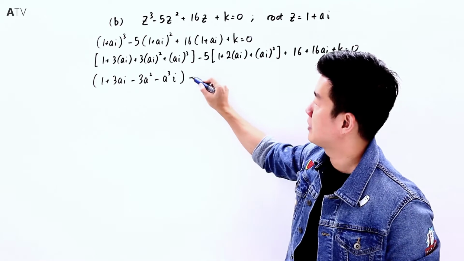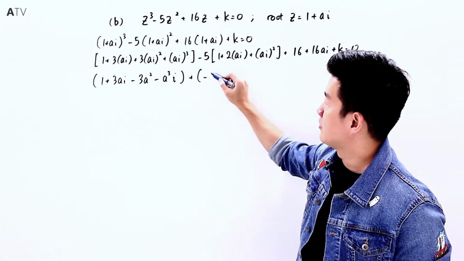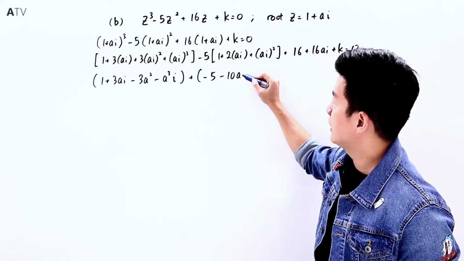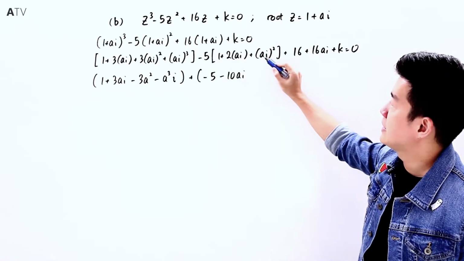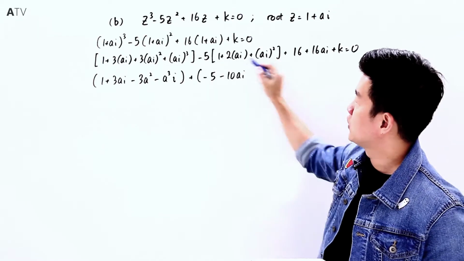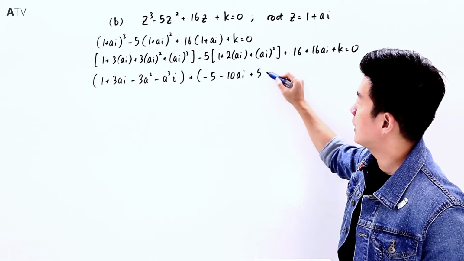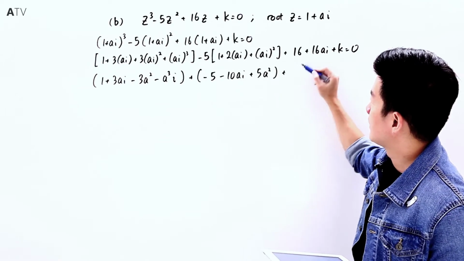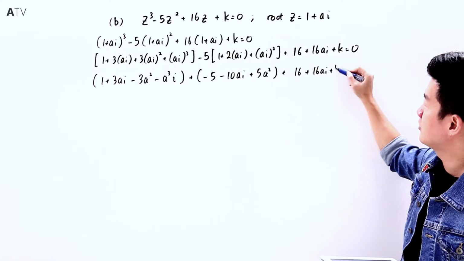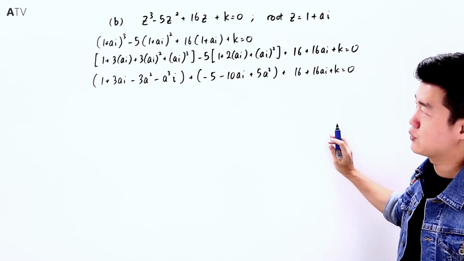Minus 5, let's multiply in: this times this, minus 10ai, and this times this, a squared i squared. i squared is minus 1, so this will be plus 5a squared. Then plus this, 16 plus 16ai plus k is equal to 0.